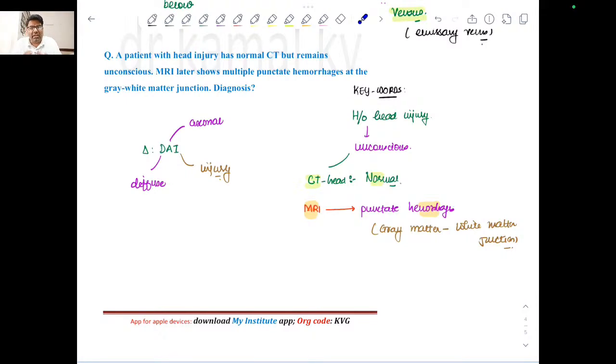It will not look like a lemon or a banana, nothing like that. This is punctate hemorrhages at the junction of gray matter, white matter. But classically, the important clue is CT is normal. Patient is unconscious. There is history of head injury, but the CT scan is not showing us anything. MRI is only helping us to see those punctate hemorrhages. So this is classical of diffuse axonal injury.